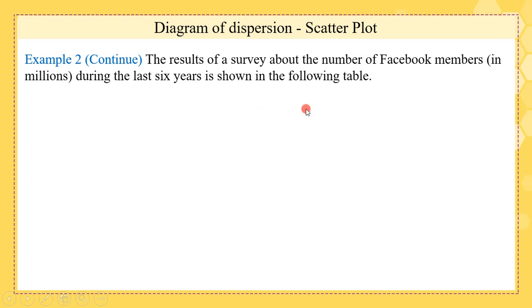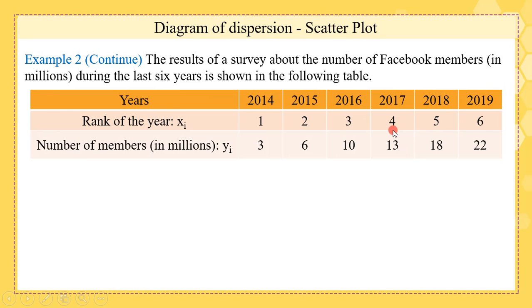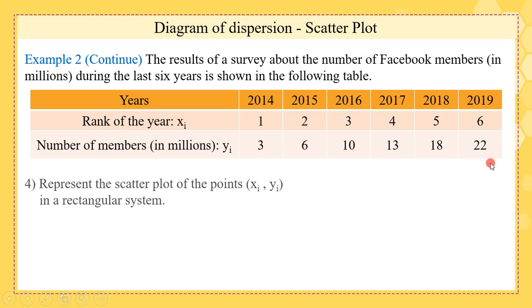The results of a survey about the number of Facebook members in million during the last 6 years is shown in the following table. So we have to represent the scatterplot of the points in a rectangular system. We can say rectangular system and we can say orthogonal system.